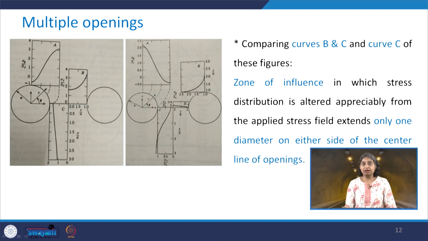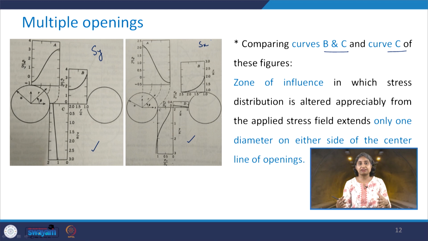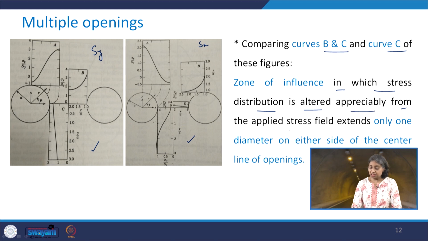Now, if we compare the curves B and C of these two figures, where in one case you have Sy and in another case you have Sx, that is, the loading direction is different in both situations, the zone of influence in which the stress distribution is altered appreciably from the applied stress field extends only one diameter on either side of the center line of the opening.